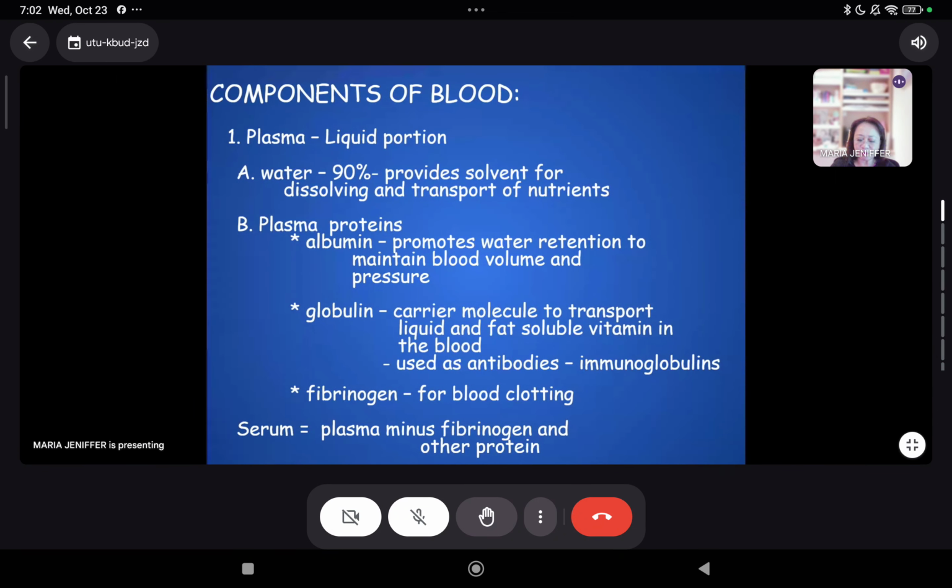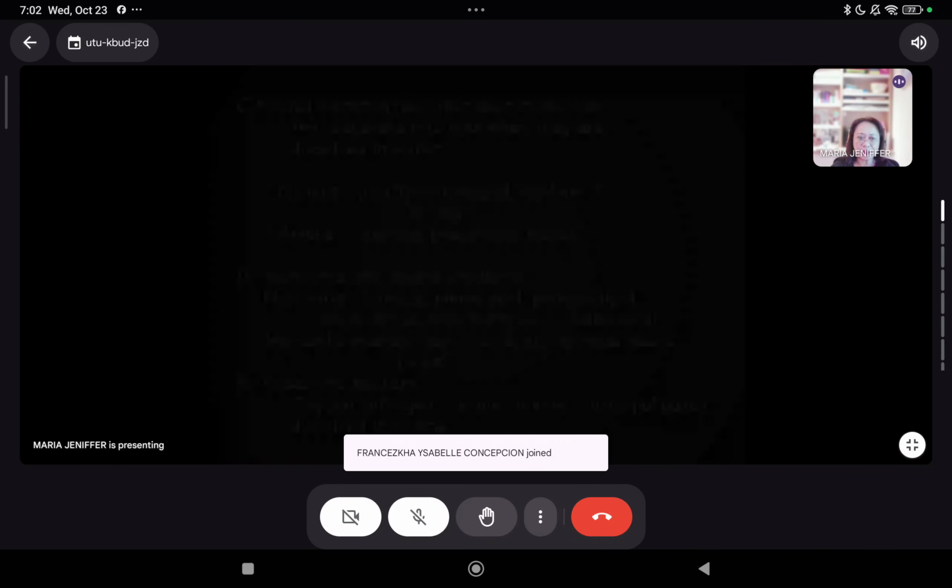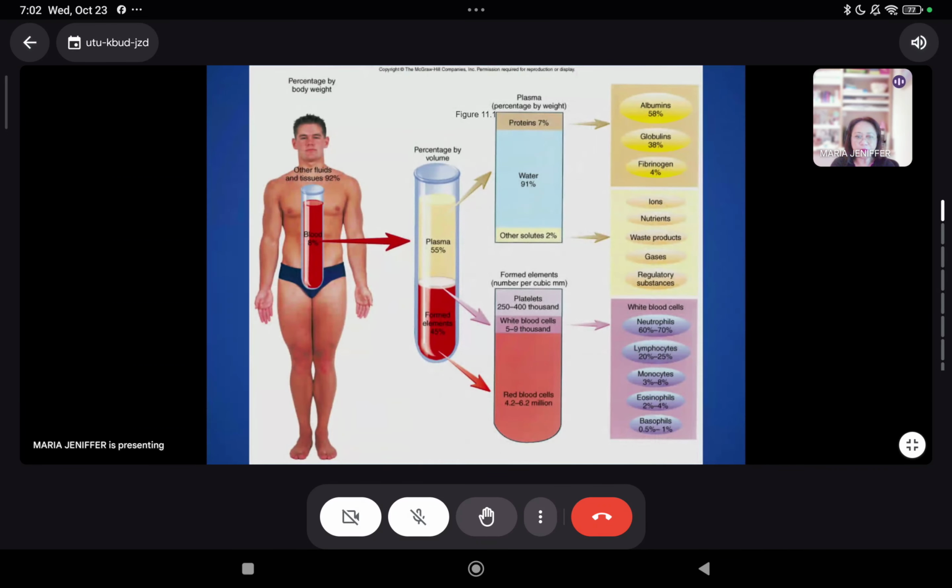So the plasma is about 55%, and 90 to 91% of it is water, proteins 7%, and other solutes 2%. The proteins here are the albumins, the globulins, and the fibrinogen.